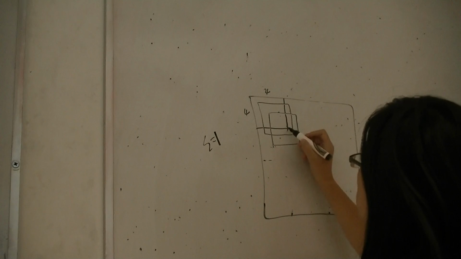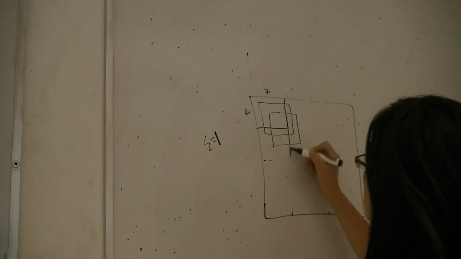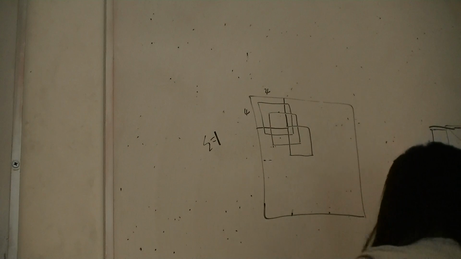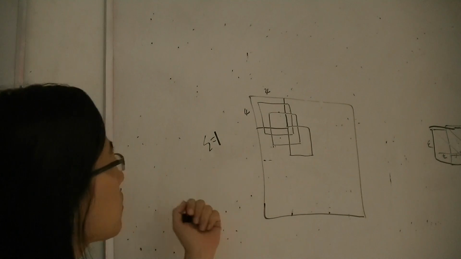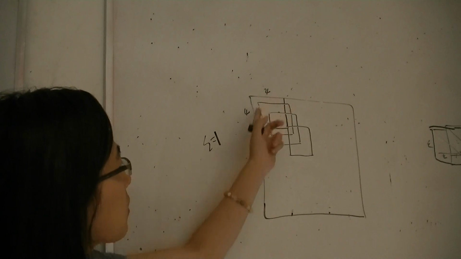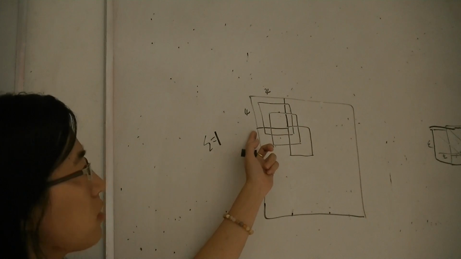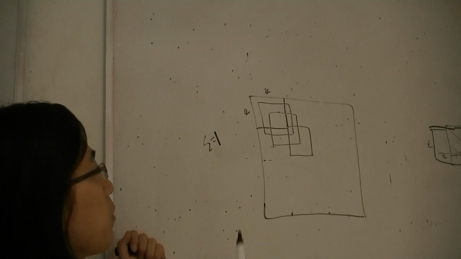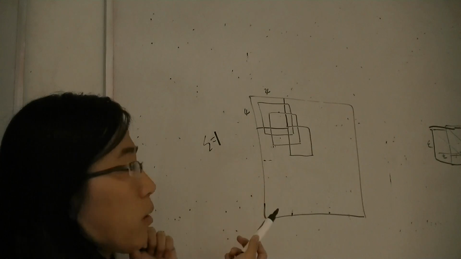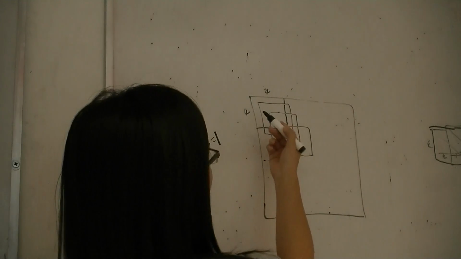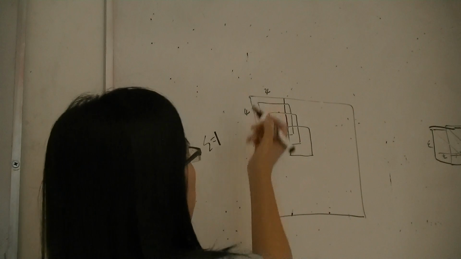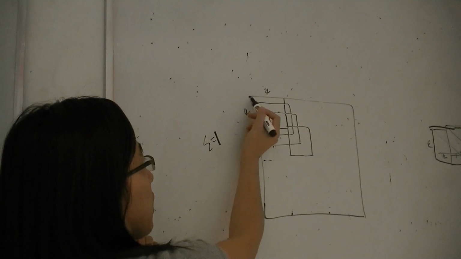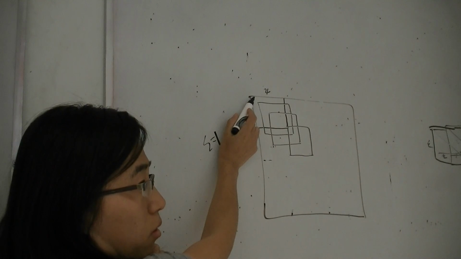I think for the image, we consider this corner block. So for the overlap block, we can find these three overlap blocks, and the coordinate of the block is denoted by the top left pixel, right?